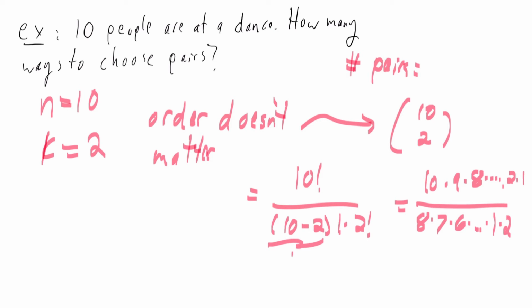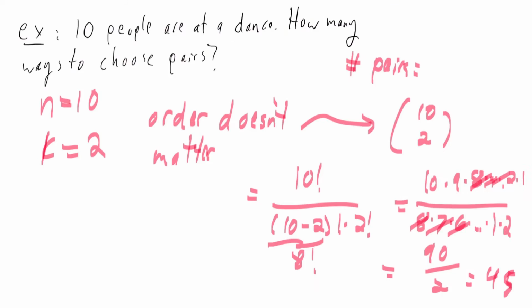So right, this is 8 factorial. Canceling things, I get 90 over 2, so 45. There is a bit of computation we had to do here, but I think the main work was in setting up the problem correctly. What we needed to do was choose n, choose k, and decide whether order mattered or not. So let's look at another example.